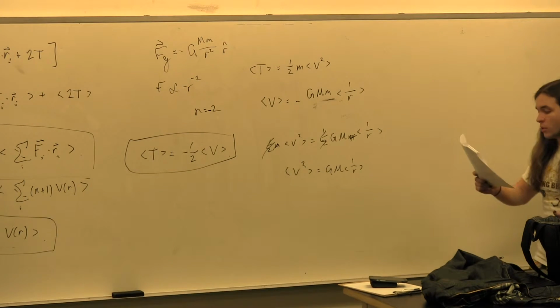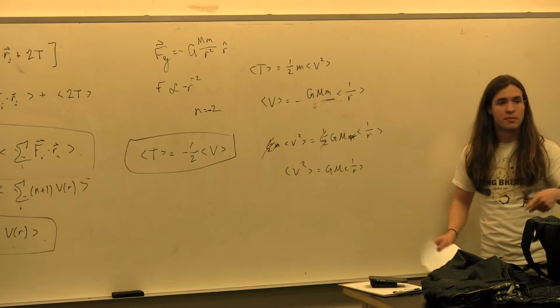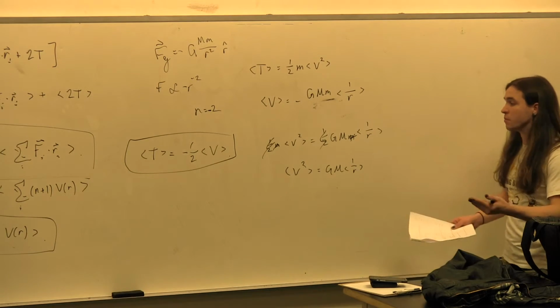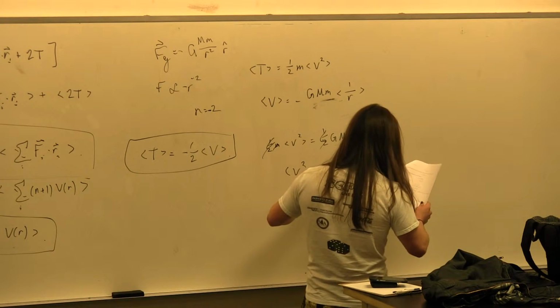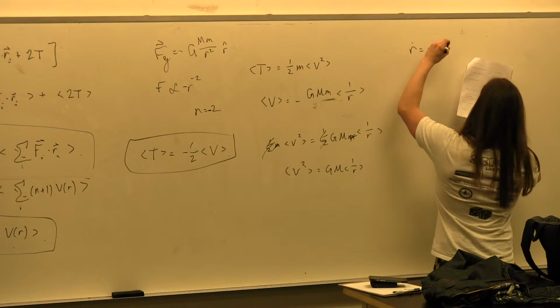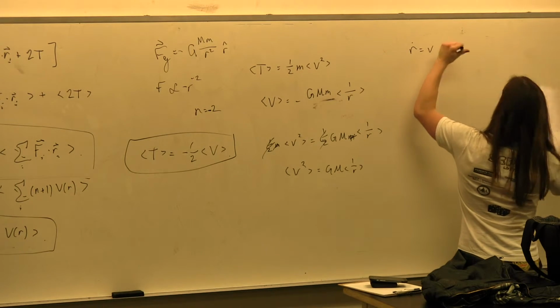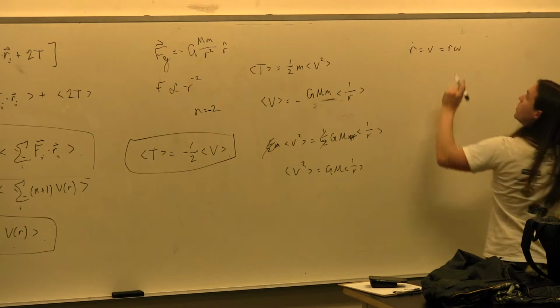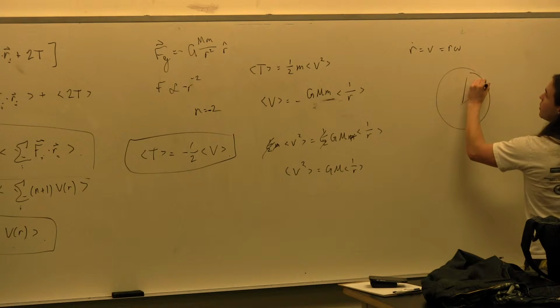If we claim that this is a circular orbit, then these average values are going to be the same value. 1/r is going to be equal to 1/r at all times. And then we also have that r dot, which is equal to v, is r omega, because if it's spinning in some direction, it's going to be traveling.